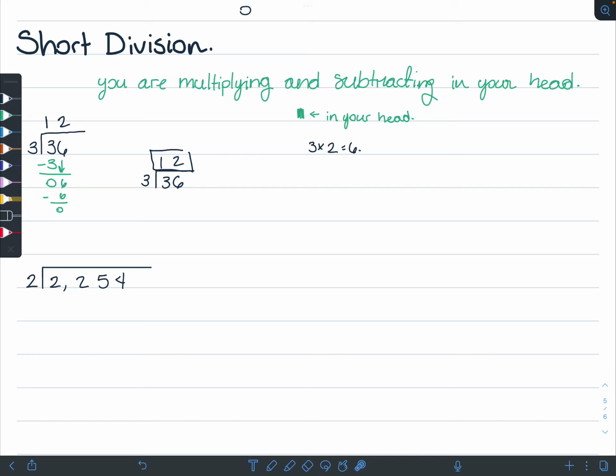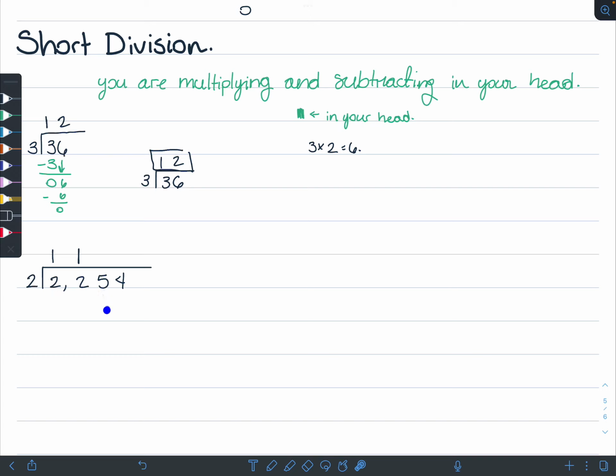In your head, 2 times what gives me 2? 1. I know that 2 minus 2 gives me 0. So I'm going to bring down that 2. 2 times what number gives me 2? Once again, 1. So 2 times 1 gives me 2. Subtract that number, and we have 0.